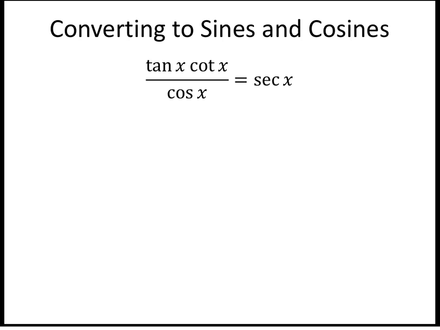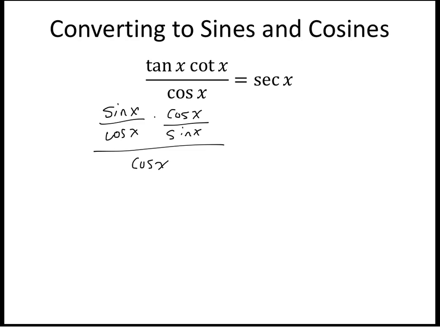Let's work on converting to sines and cosines. We've done a lot of this already, okay, but it helps to do it a little bit more. So if we look at tangent, we know that tangent is sine x over cosine x. We know that cotangent is cosine x over sine x, and that's all over cosine of x, and that should equal secant of x.